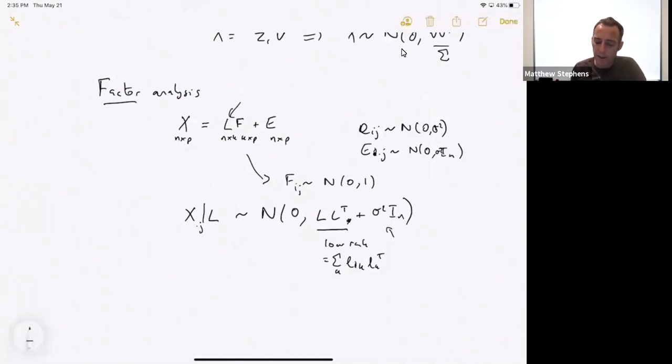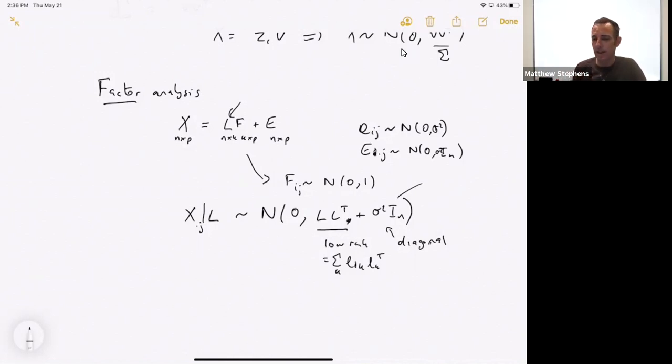Actually, this is low rank plus diagonal, right? It's not actually a low rank covariance, it's a low rank plus diagonal. The way to think about that is to think about the low rank part: there's something that's got this low rank covariance matrix, and then you're adding some additional random deviation to every element.